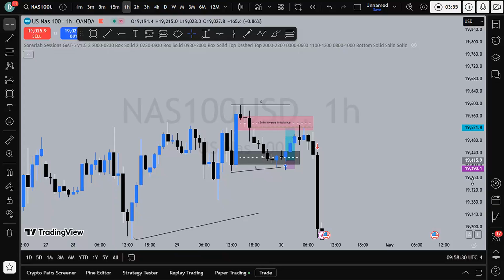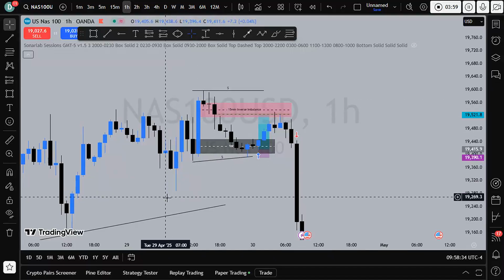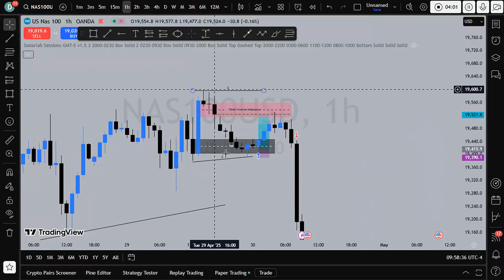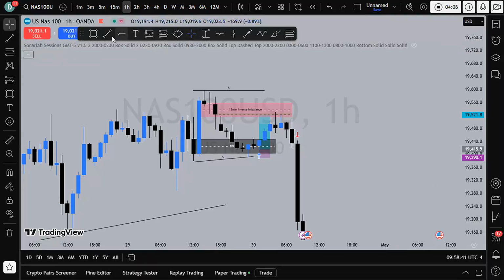So you look for your higher time frame, and you mark out your swing points, which are the swing low and swing high. You also grab your Fibonacci.